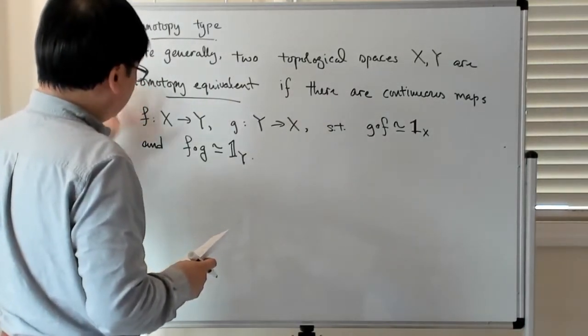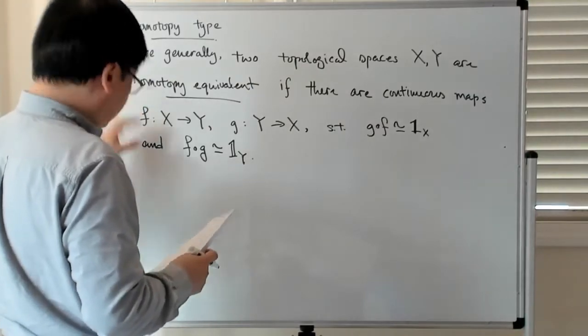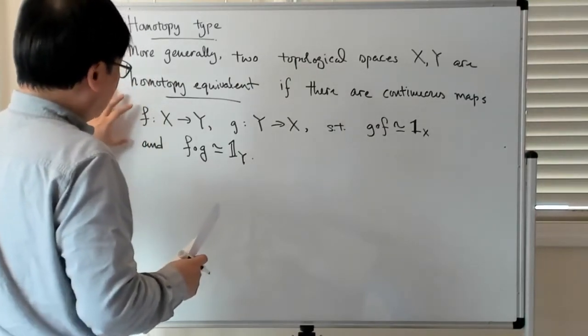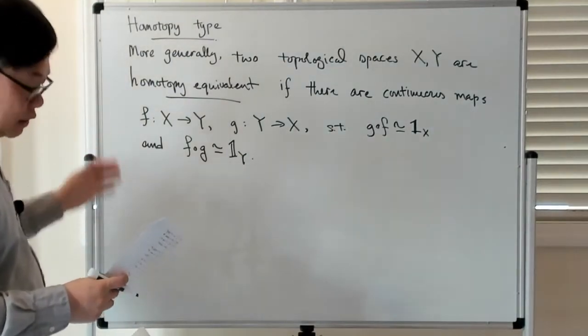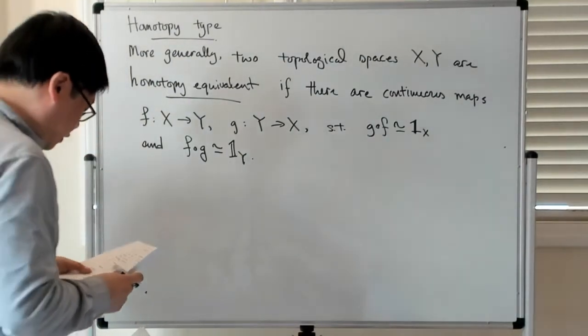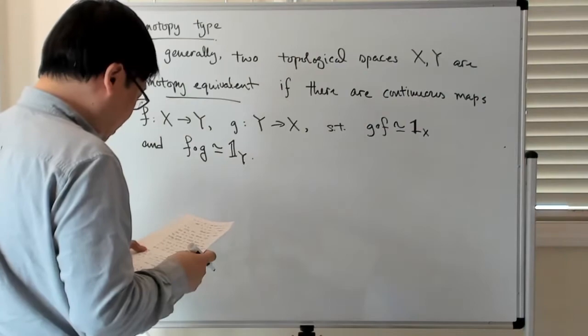So this is the idea of homotopy equivalence, and you can ask how it is related to the idea of retractions, in particular the deformation retractions we talked about before.